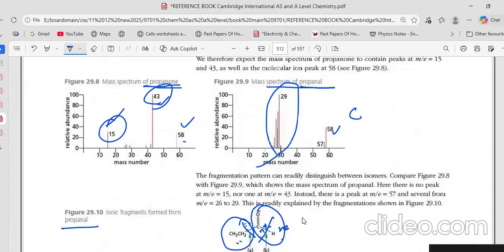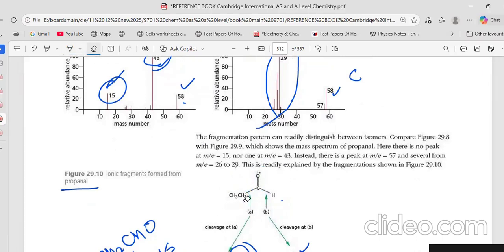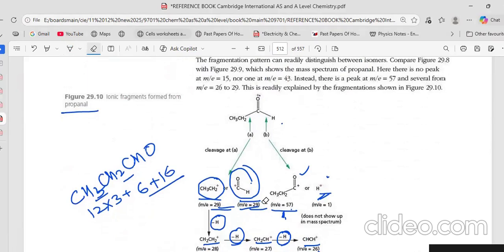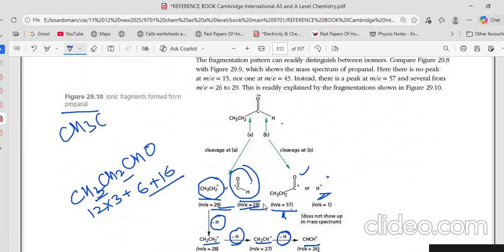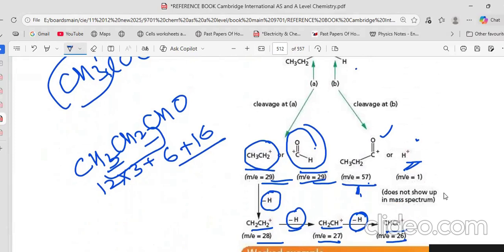While in the other isomer, you won't have 15, because the cleavage doesn't allow it. Depending on what the structure is, there will be a different peak.